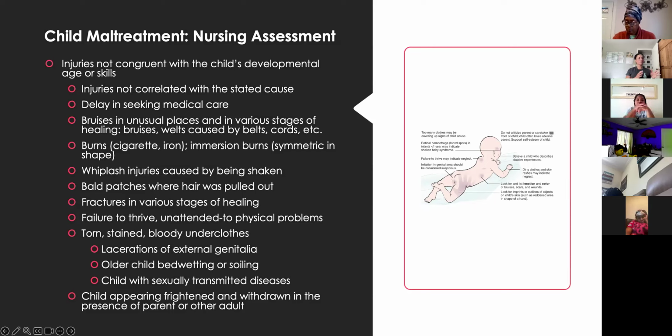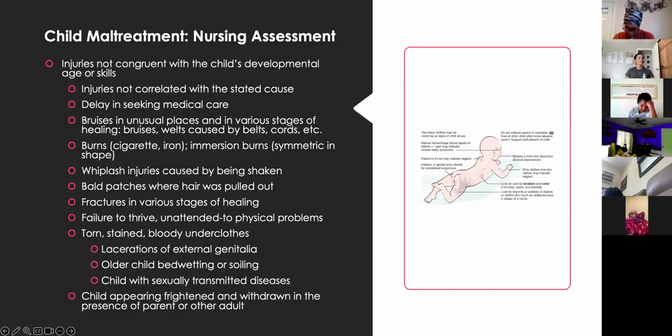So we talked about bruises, fractures in various stages of healing. We know if we have bruises in different colors, then that means we've had multiple causes of injury. We can also sometimes have a very specific pattern where we can tell the type of injury for a burn or a bruise, if it was caused by a physical object.